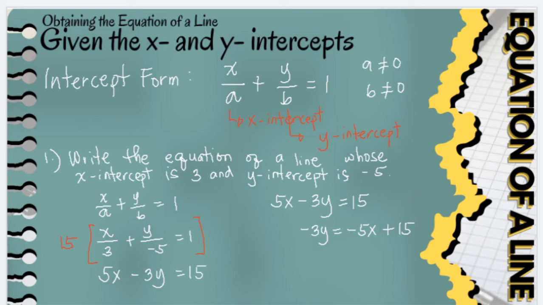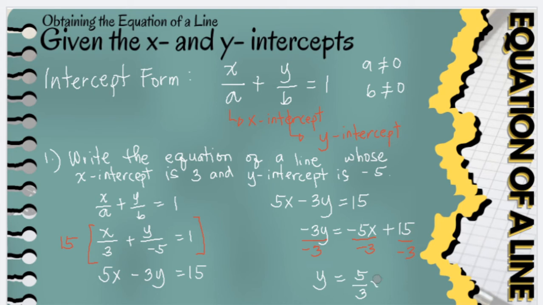And then to remove the coefficient of y, we're going to divide each term by -3, right? So, -3y divided by -3 is y is equal to negative and negative, this will be positive. Since 5 is not divisible by 3, mananatili siyang 5 over 3.